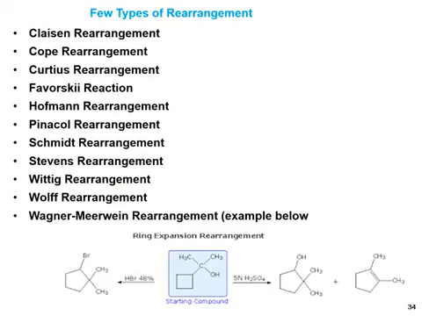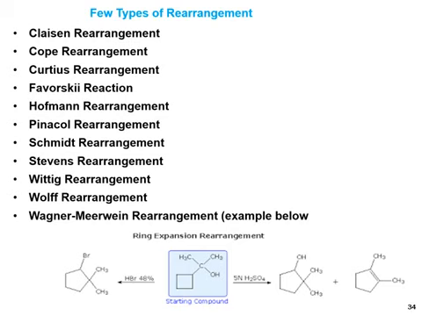These are a few types of rearrangement: Claisen rearrangement, Curtius rearrangement, Favorskii rearrangement, Hofmann rearrangement, Pinacol rearrangement, Schmidt rearrangement, Stevens rearrangement, Wittig rearrangement, Wolff rearrangement, Wagner-Meerwein rearrangement. The last example is of the Wagner-Meerwein rearrangement.